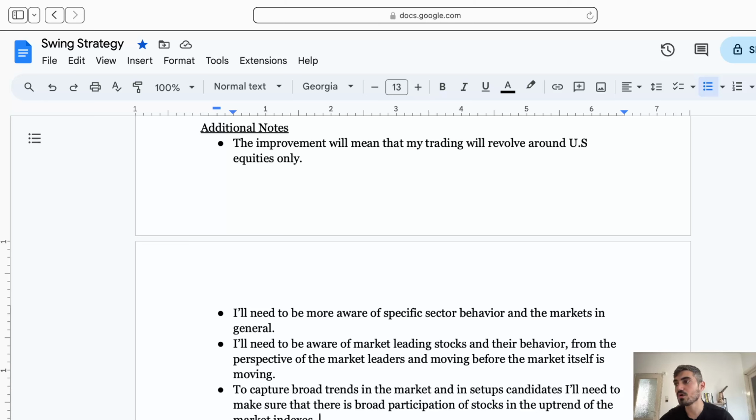I need to be more aware of specific sector behavior and the market in general, because at the end of the day I want to capture trends that are forming in the market, and then align the setups, timing wise, with the beginning of the trend in the market, and then enter the position when, in a sense, the market is starting.